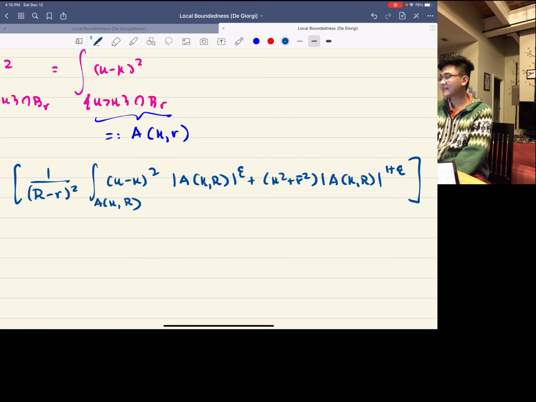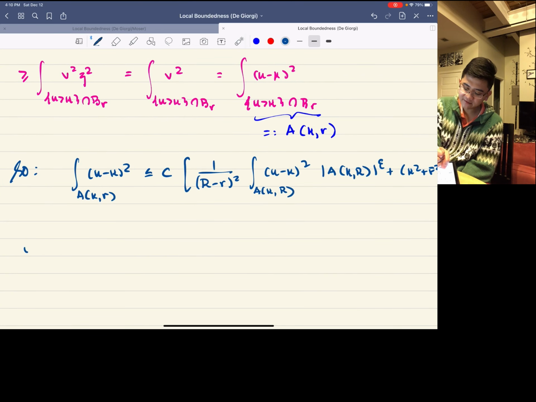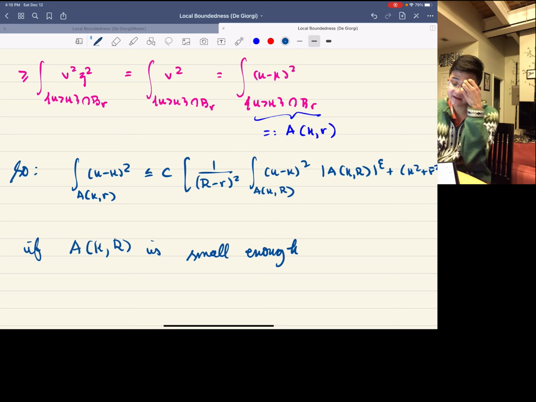Okay, so we have this. And this is true if the measure of A(k, R) is small enough. So we've been saying that thing over and over again: if the measure of the set is small enough.